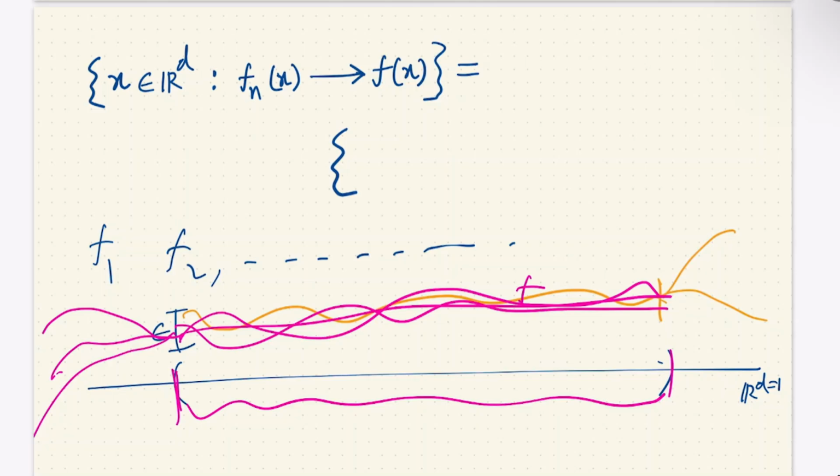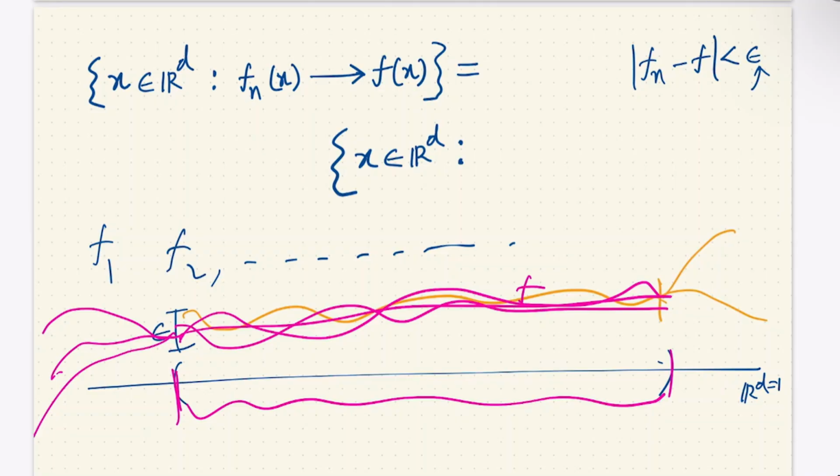The set of all x's belonging to R^d, same thing, such that, and I just wanted to elaborate that one. Now I need to think of something in the epsilon sense, right? The |f_n minus f| less than epsilon. I wanted to go with some kind of epsilon definition.